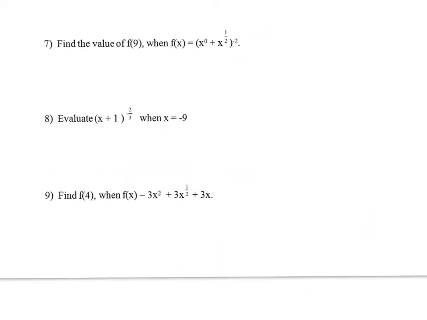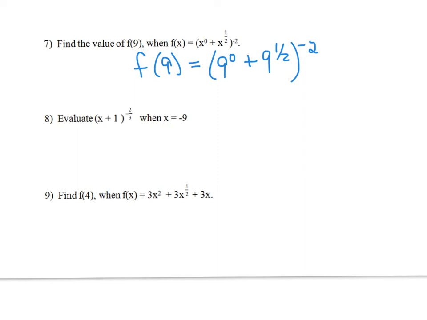Let's go ahead and take a look at the last 3. So I want to find f of 9. Replacing x with 9, I have 9 to the 0 plus 9 to the 1/2. And you'll notice that this is all raised to the negative 2 power.